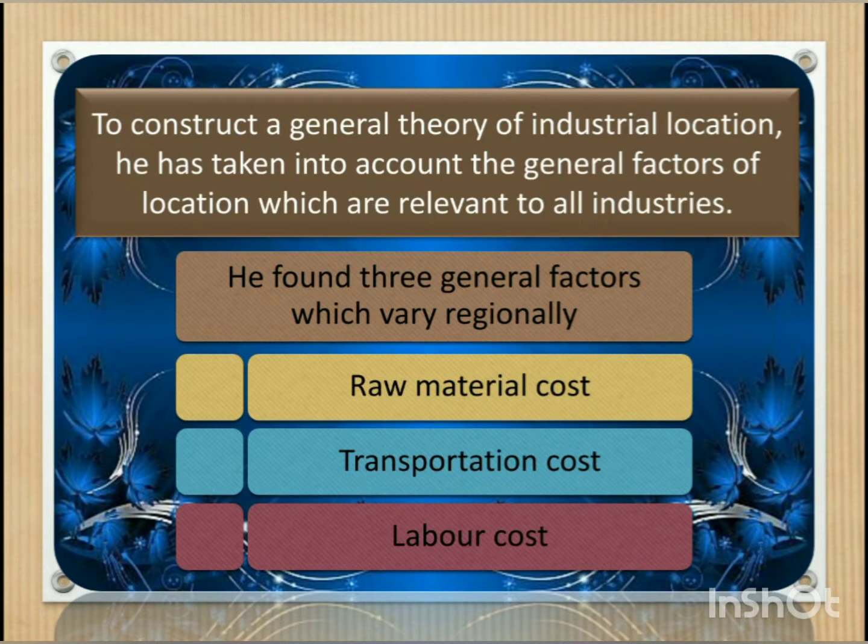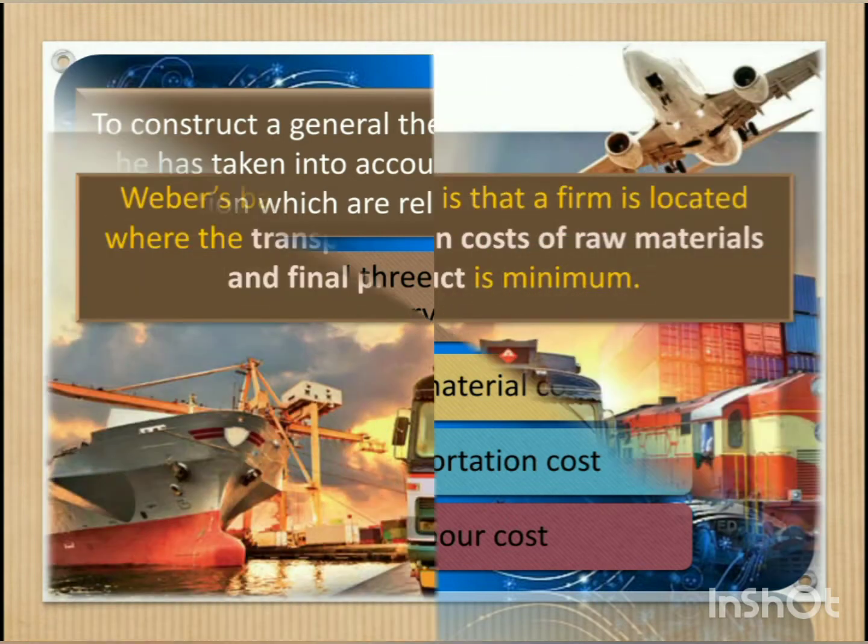For this, he has taken into account the general factors of location which are relevant to all industries. So, he found 3 general factors which vary regionally: raw material cost, transportation cost, and labor cost.